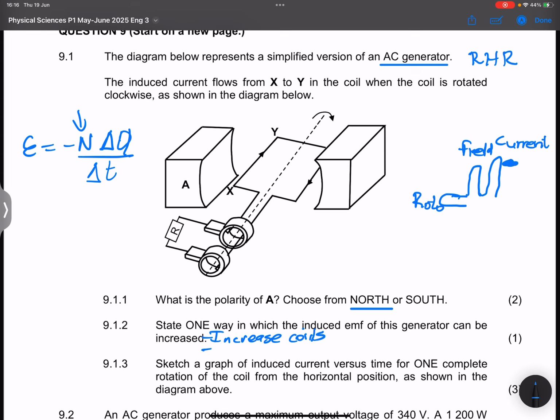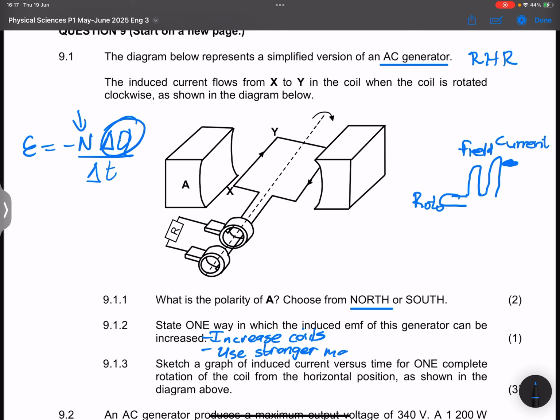Secondly, I can use stronger magnets. Right, that's the change in magnetic flux there.